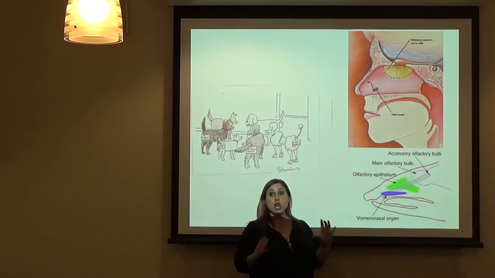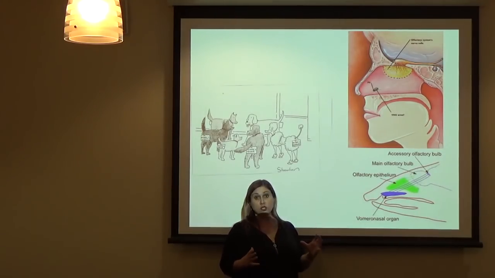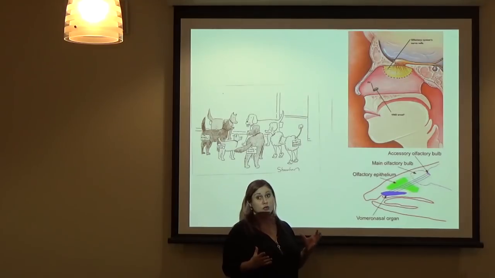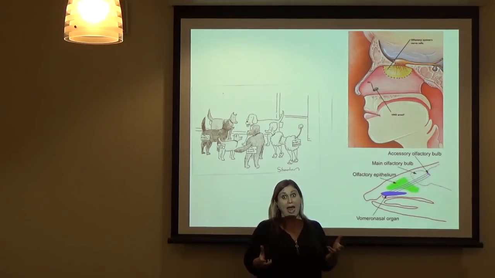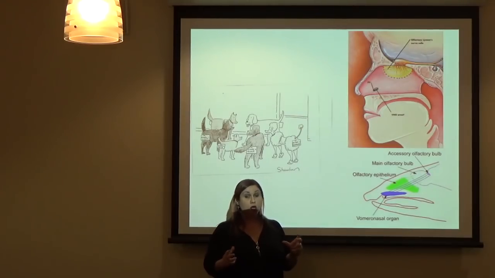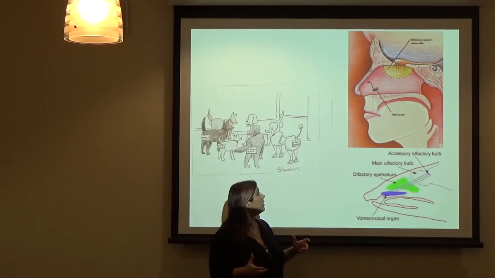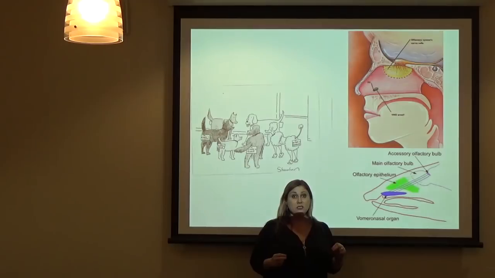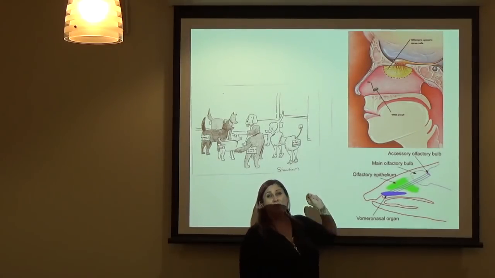And it is a large, noticeable structure inside certain animals' heads. So if you were to look inside a rat, you would see a large, noticeable VNO. But in humans, we're not even sure if we have a VNO, okay?